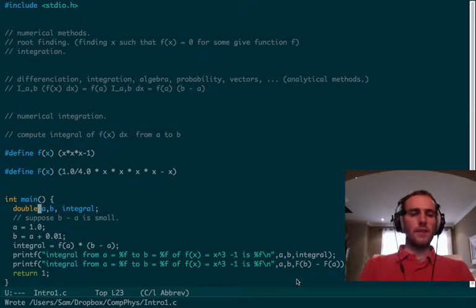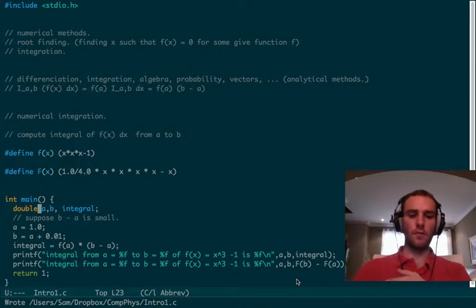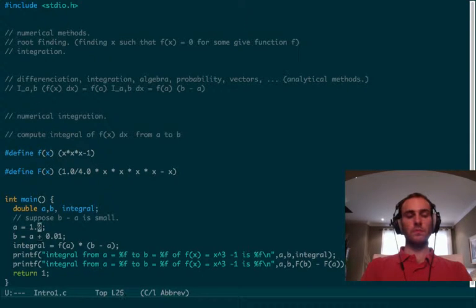In a certain sense, by using double, we're distancing ourselves from the problems that could occur with using numbers in computers. Okay.